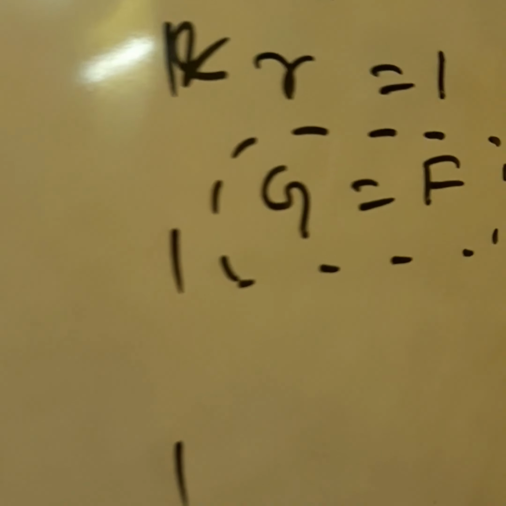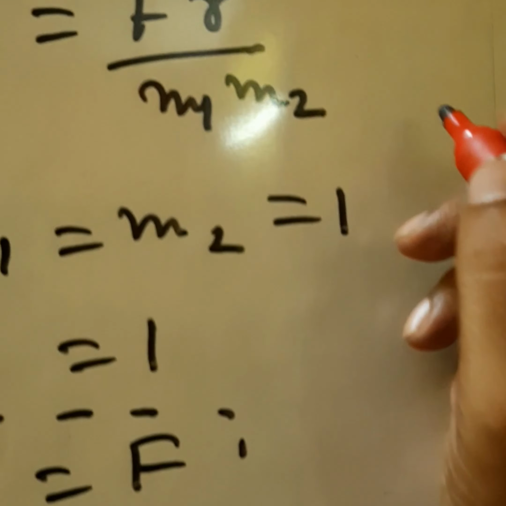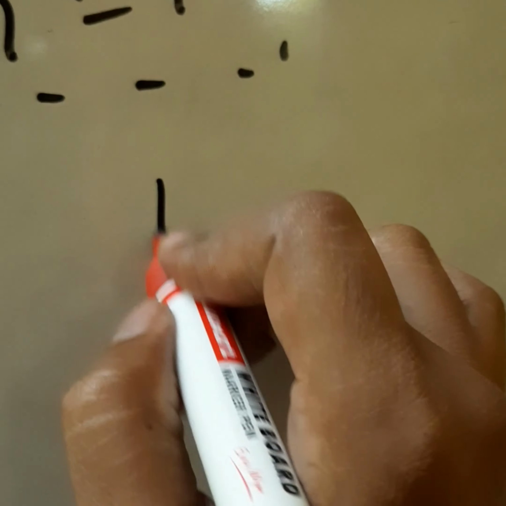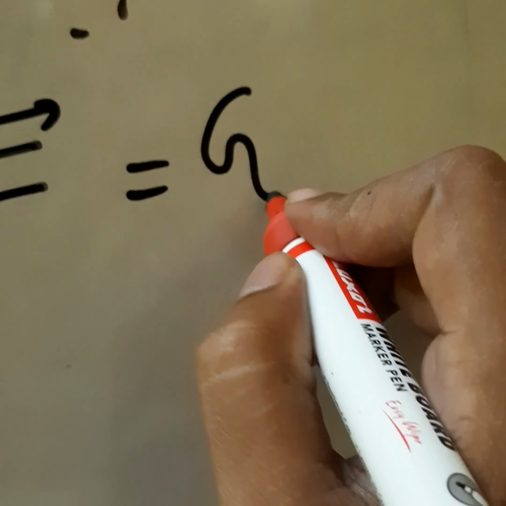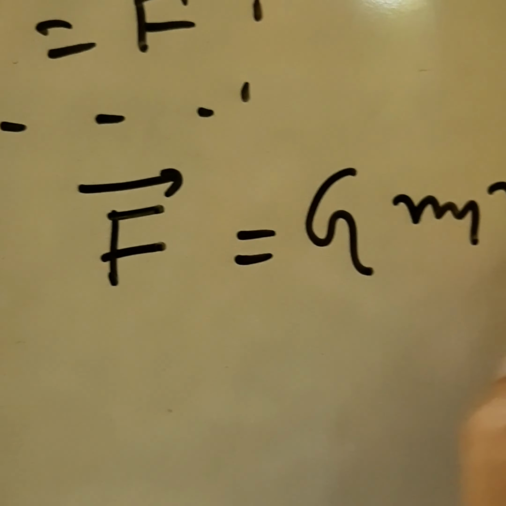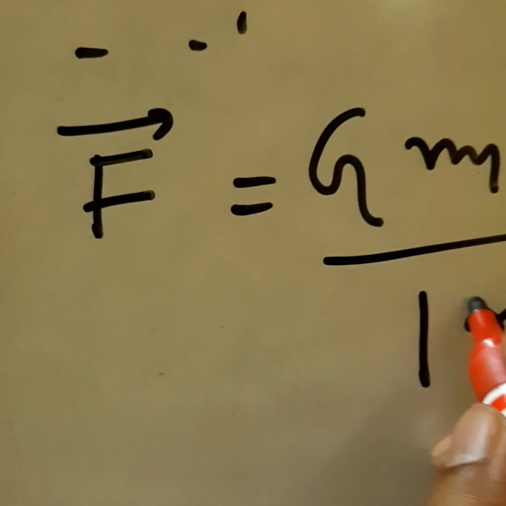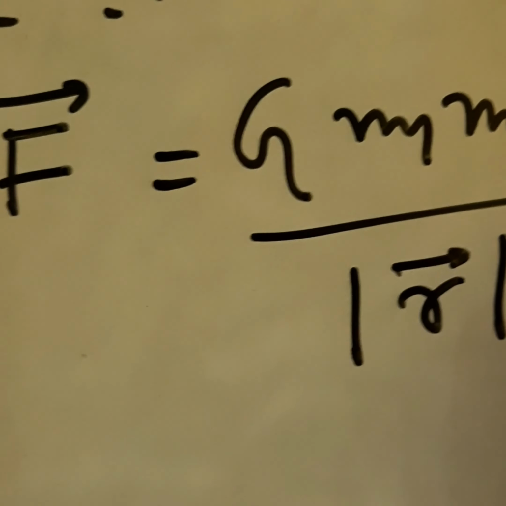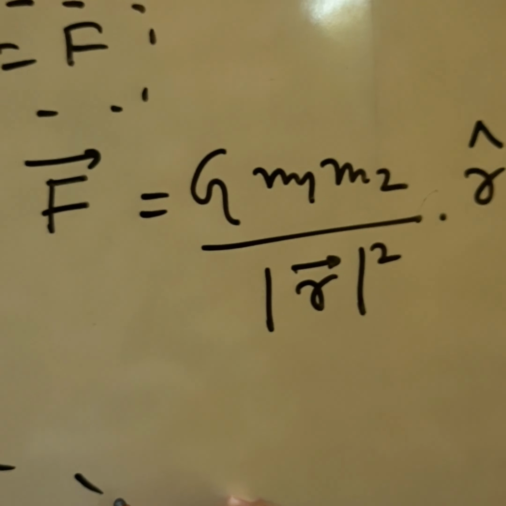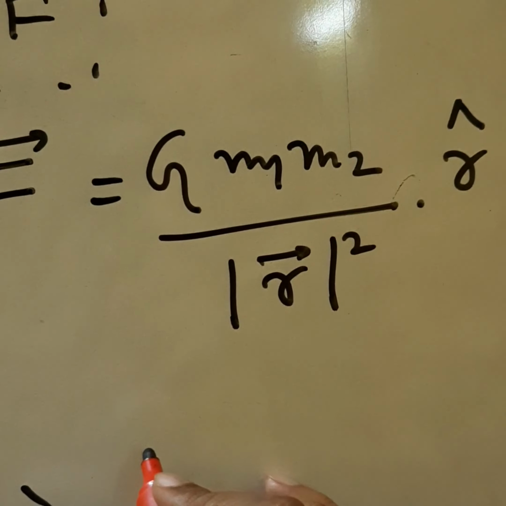For class 11 physics, there must be a vector representation of this law. Why, sir? Because force is itself a vector quantity. So you have force equals G m1 m2 by modulus of r square into a unit vector along the straight line joining them, right?